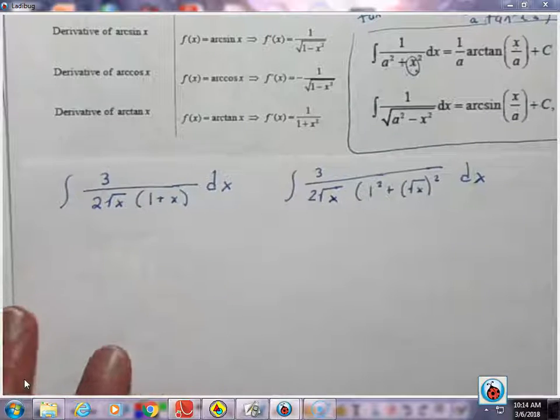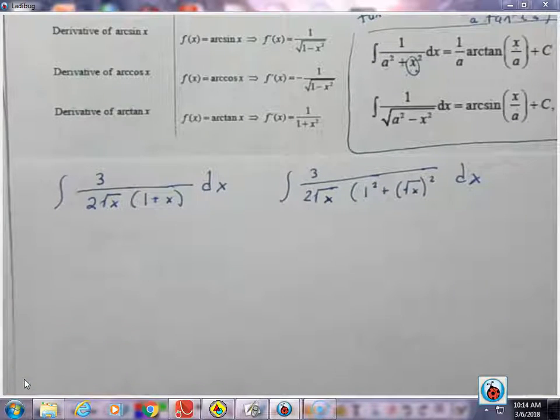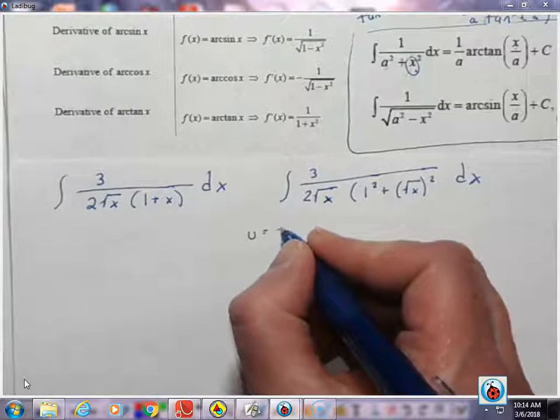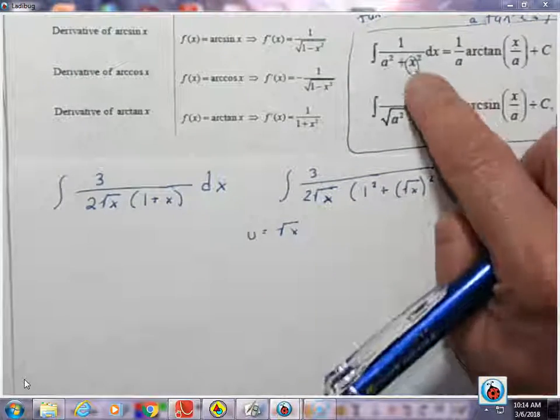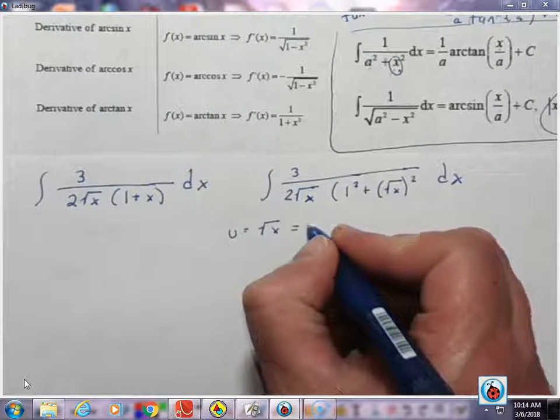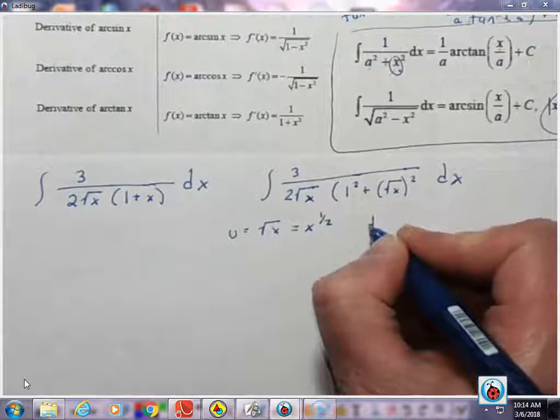Okay, so that would kind of look like it. And if that was the situation, what would u be? Square root of x, because that's what I'm putting instead of the x. Now, they may sometimes tell you that much of the substitution to try to help you get there. So this would be x to the 1/2. So what would du be?